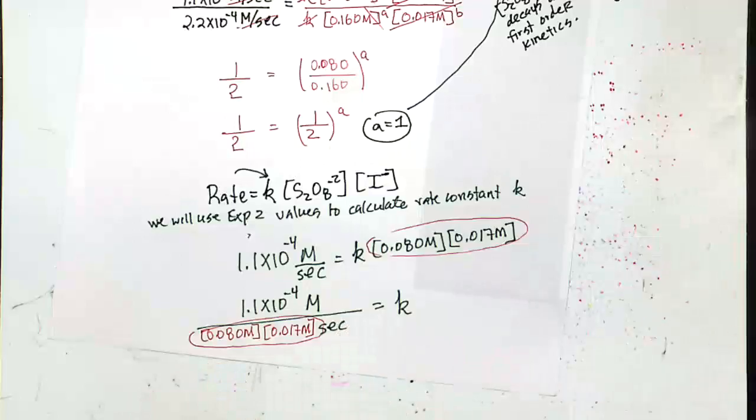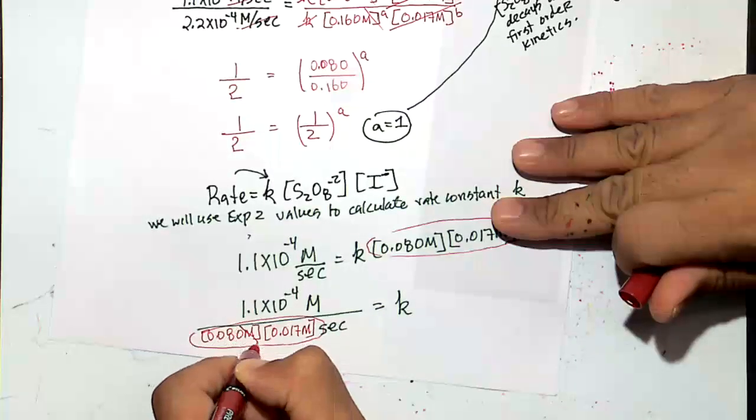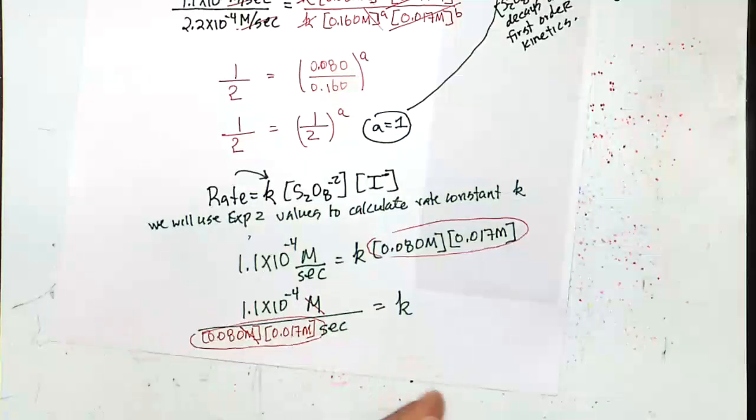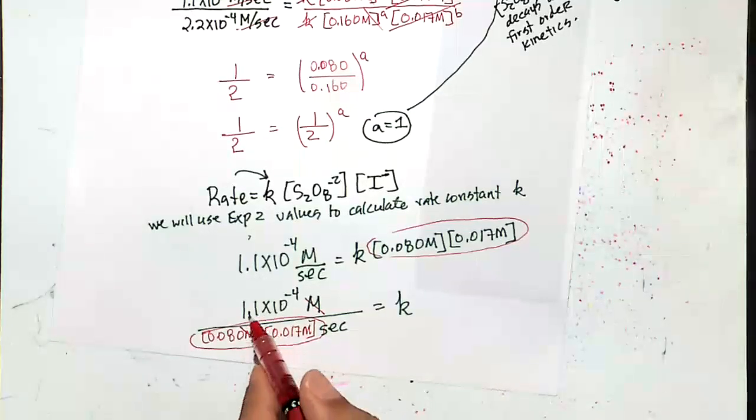All right, units. Because on the exam we have to report the right units. I see students get the wrong units, or units that are all over the place. So this M cancels out with this M. What are we left with? Molar in the denominator, and seconds in the denominator.